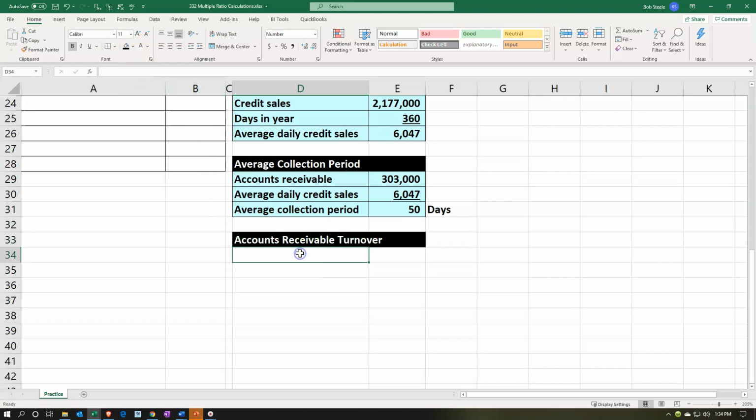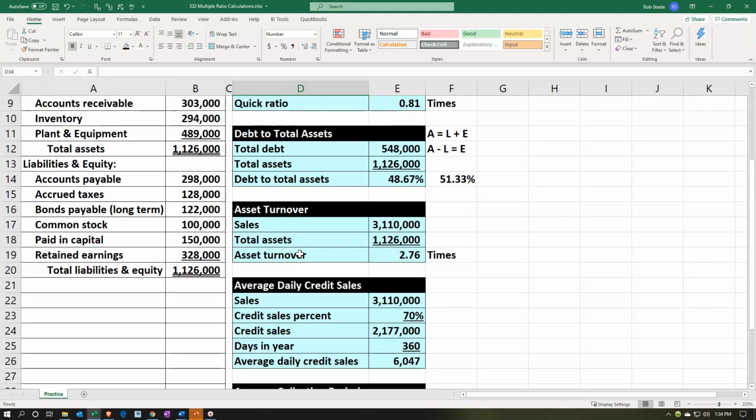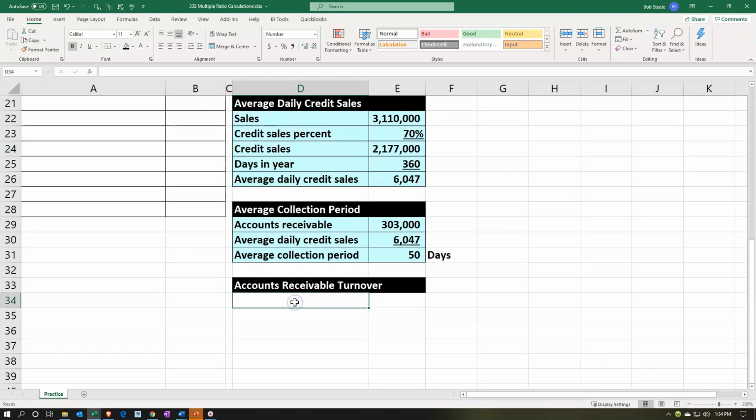And then we're going to say the accounts receivable turnover is going to be the credit sales that we have calculated, and we saw that calculation for the credit sales here. So let's go ahead and pick that up. We're going to say this is equal to the credit sales, and we're going to divide that by the accounts receivable.